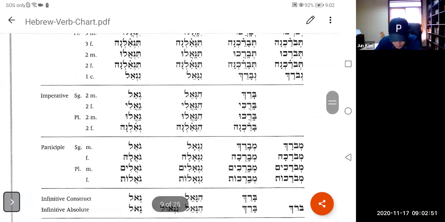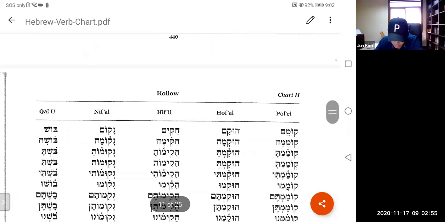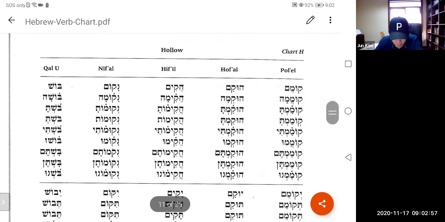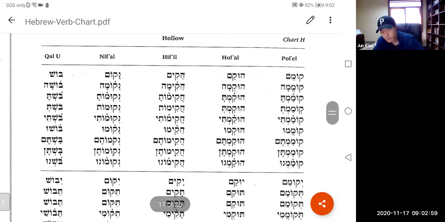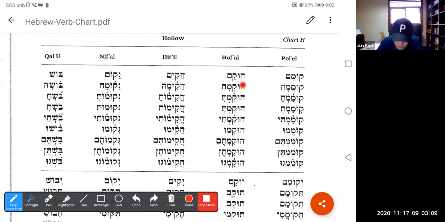Let's move on to hollow verb. Okay, let's look at this. Together with the first yod vav, the hollow verb will take the preformative who. So I think this is important.